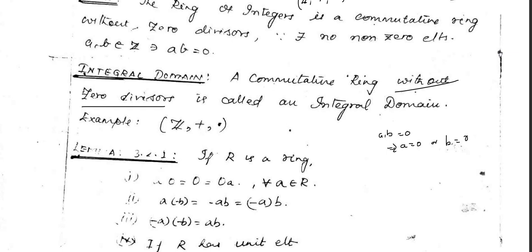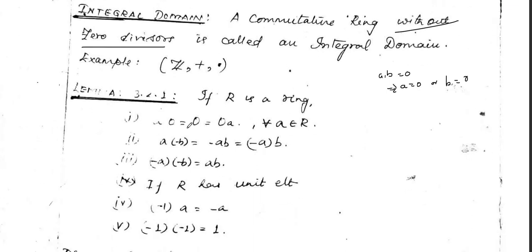Right. Now we have one lemma which states that if R is a ring, then a into 0 is 0, and similarly 0 into a is 0 for every a in R, and a into minus b is minus ab, and minus a into minus b is ab.